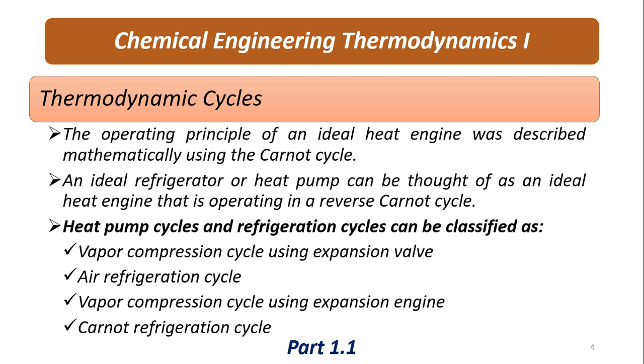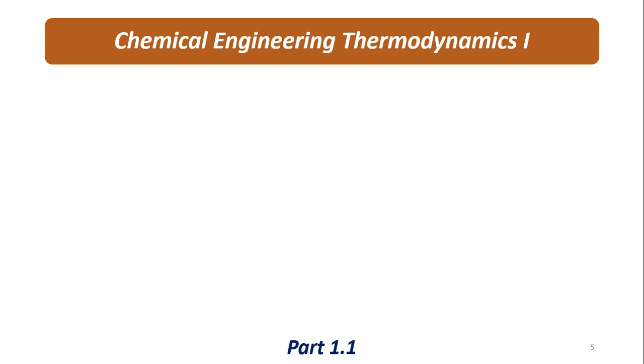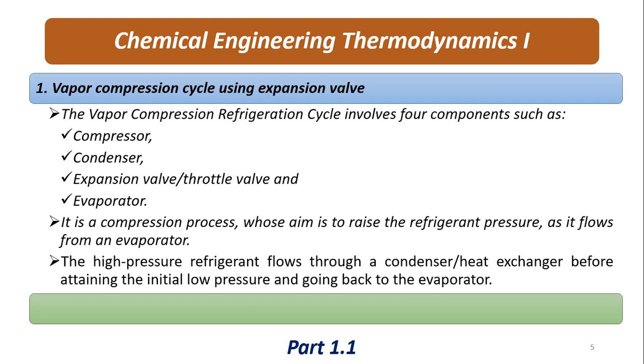These are the divisions of heat pump cycles as well as refrigeration cycles. So let us see one by one. The first one is the vapor compression cycle using expansion valve. The vapor compression refrigeration cycle involves four components. First is the compressor, second the condenser, third the expansion valve or throttle valve, and the evaporator.